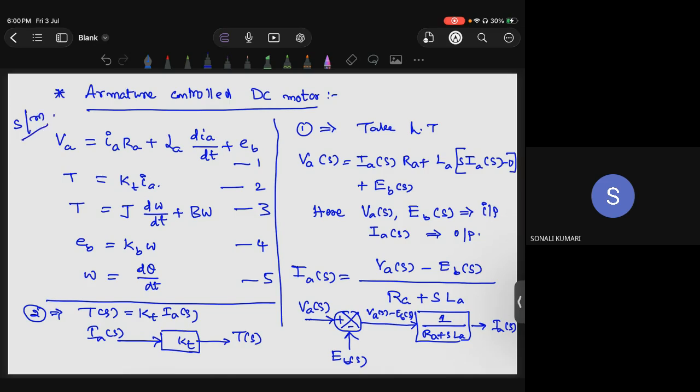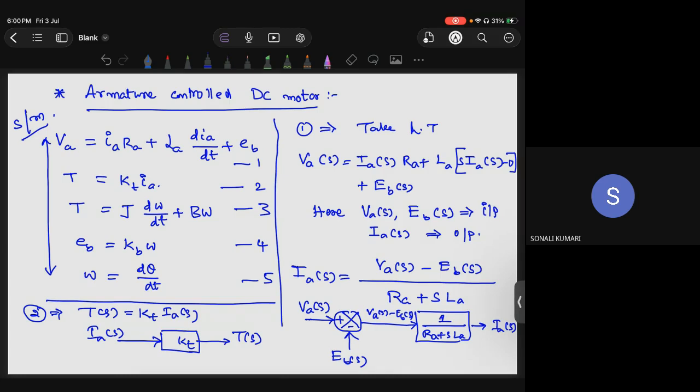Here the system is your armature controlled DC motor. That's why I said see these modeling equations in any textbook. But you'll have a global input and a global output, which you'll understand after writing this block diagram.